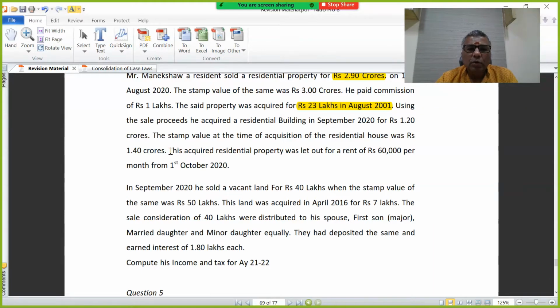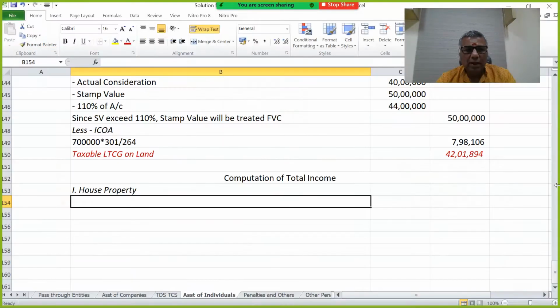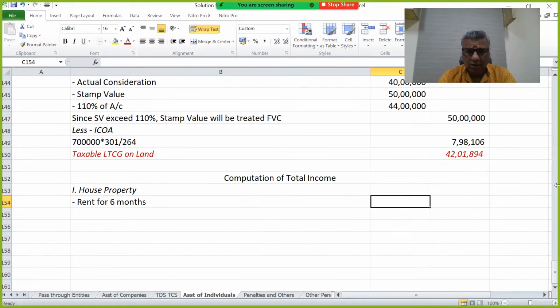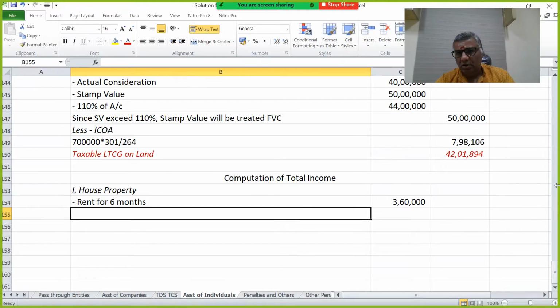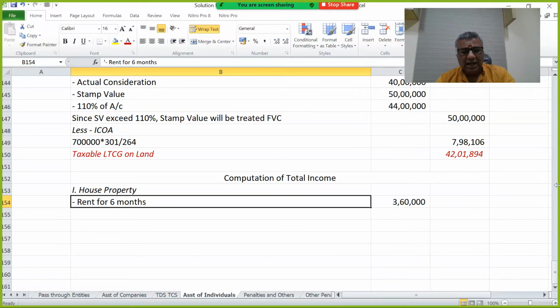The acquired property was let out for 60,000 per month from 1st October 2020. Rent for 6 months, so 60,000 into 6 months. This becomes the NAV also.